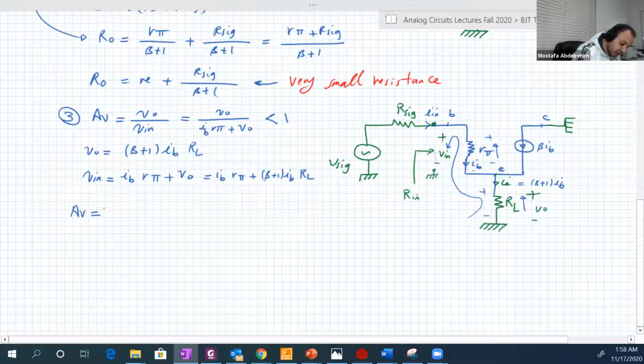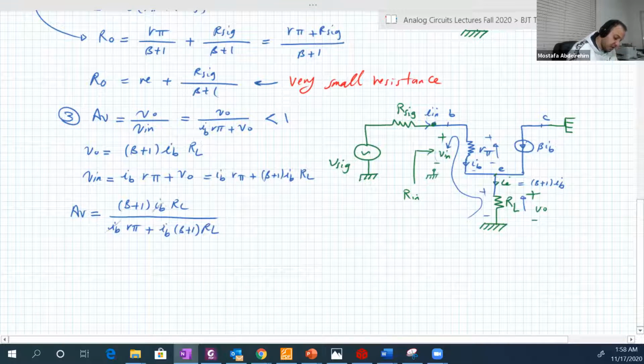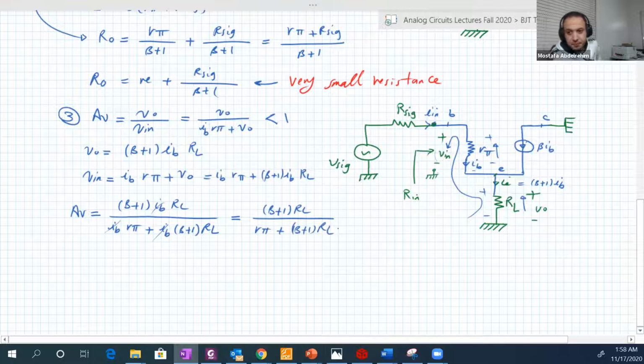AV is equal to VO, which is (beta plus 1) IB RL, over the input, IB R pi plus IB (beta plus 1) RL. IB, all those will cancel. So we end up with (beta plus 1) RL over R pi plus (beta plus 1) RL.